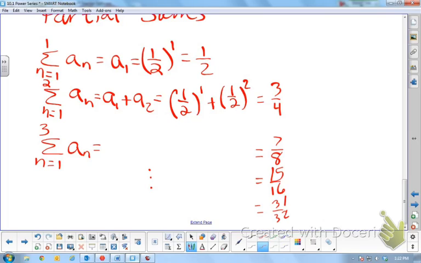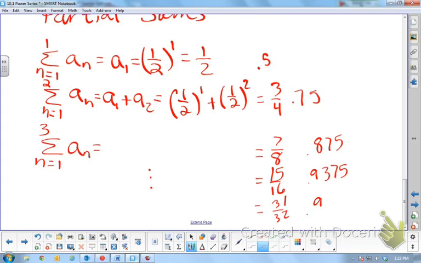And if we put those in decimals, we'd see the pattern a little bit better. This was 0.5, 0.75. What is the decimal for 7/8? 0.875. What about 15/16? 0.9375.